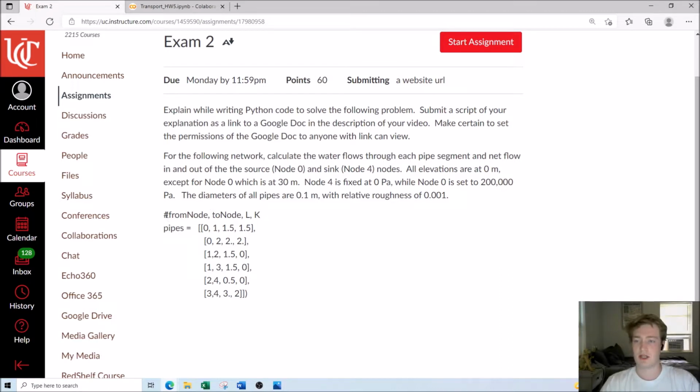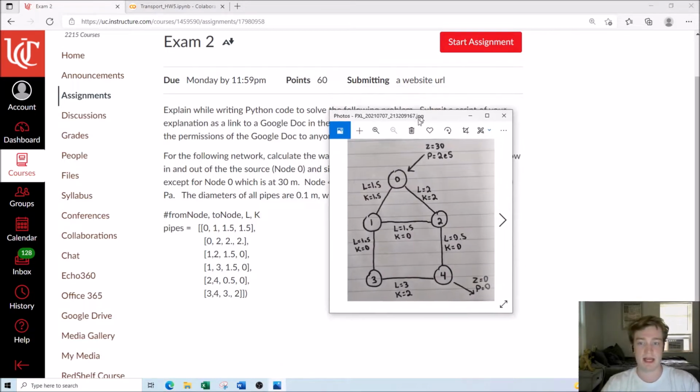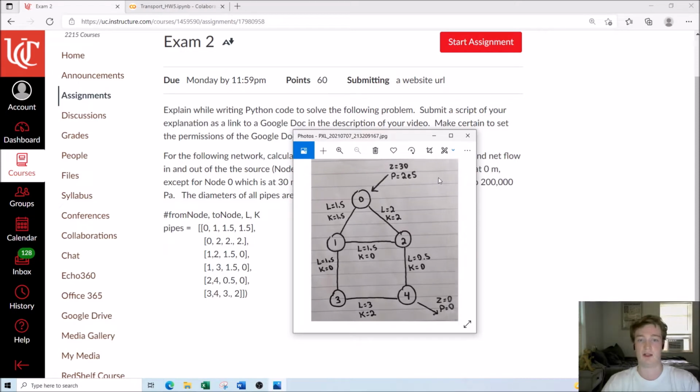And then the question gives us some more pipe information. So it gives us the from node, the to node, the length, and the K value, which takes into account any twists, turns, bends, separations, anything like that. And what I've done here, I have taken that information and I've given us a little illustration so we can better see what's going on.